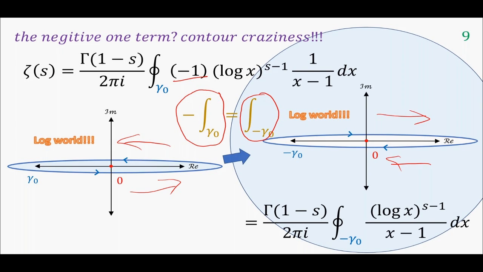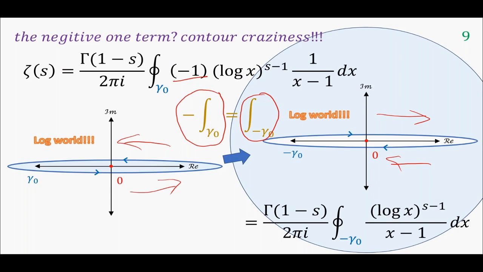And I don't know if you know this, but when you walk on a contour, you always look to your left. You never look to the right, you always look to your left. And so this negative sign being used to reverse the direction of the contour has great implications.